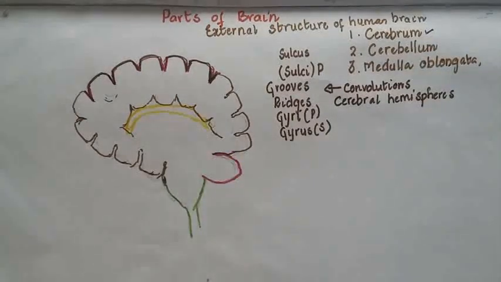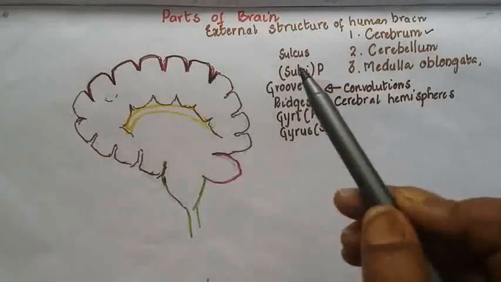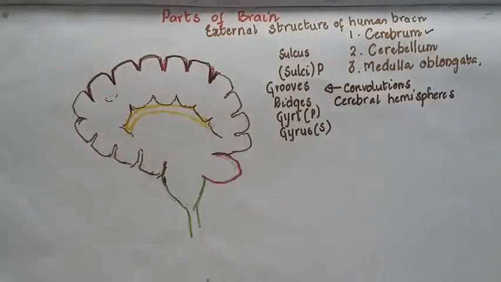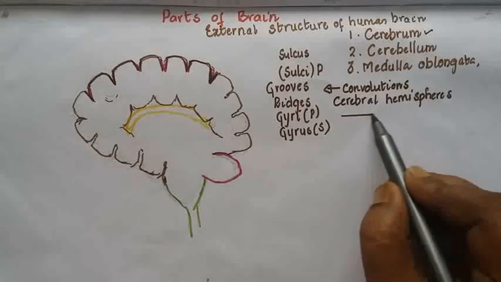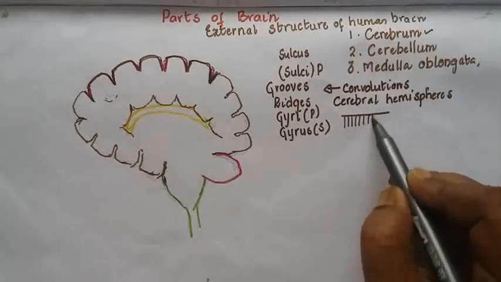Yes, children? Why do we have a number of convolutions, or a number of grooves or ridges, in the cerebrum? This is in order to accommodate more neurons. If you have a plain surface of the cerebrum, you can accommodate only a few neurons, right?